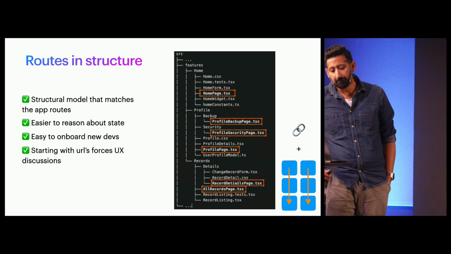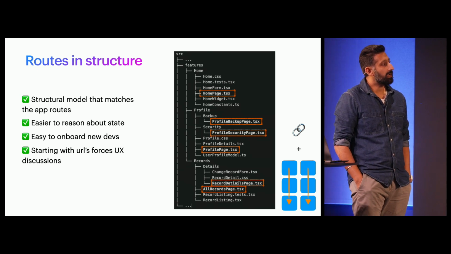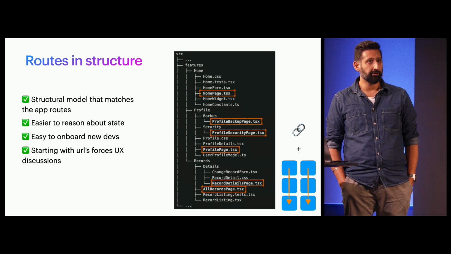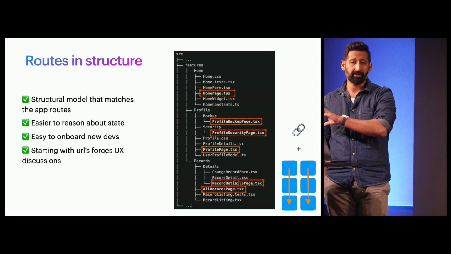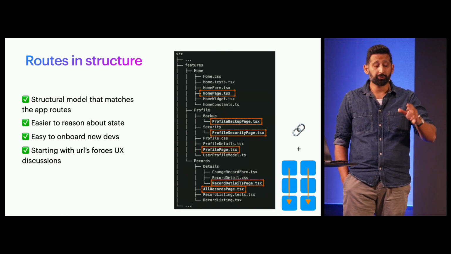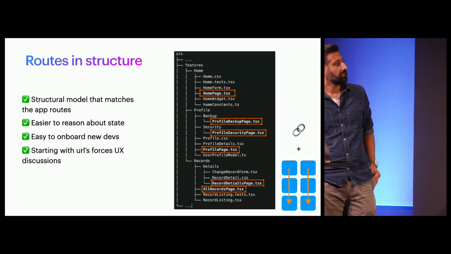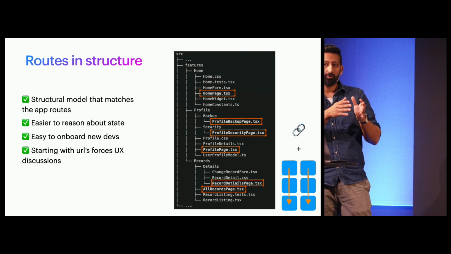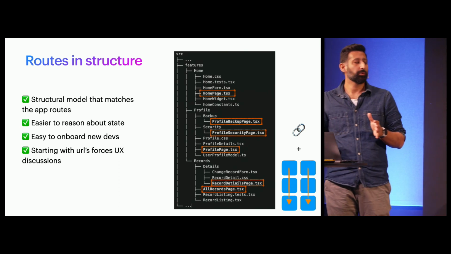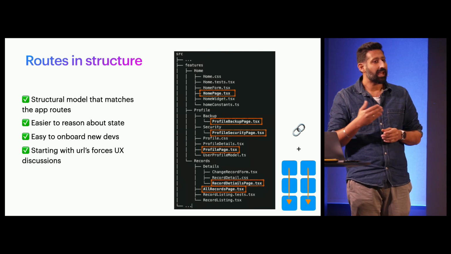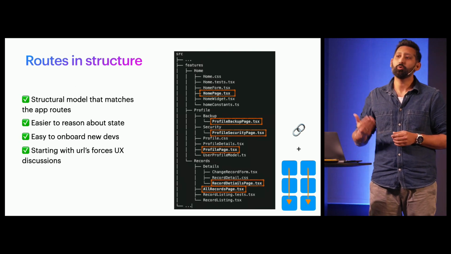And one thing I've found really useful, especially when starting a new feature or maybe a brand new project, is leaning on routes to begin with. It actually helps with many UX discussions.